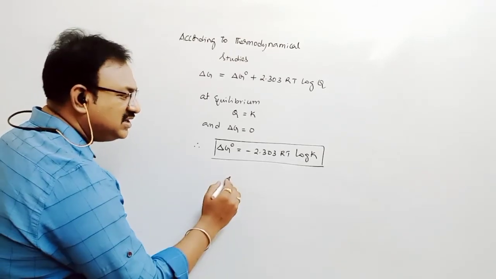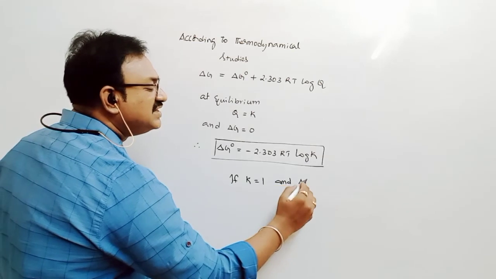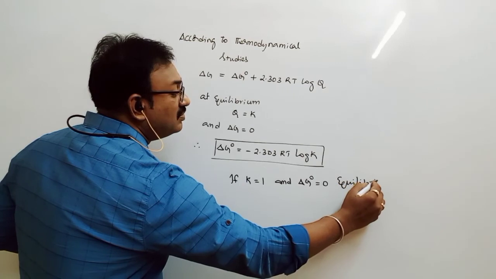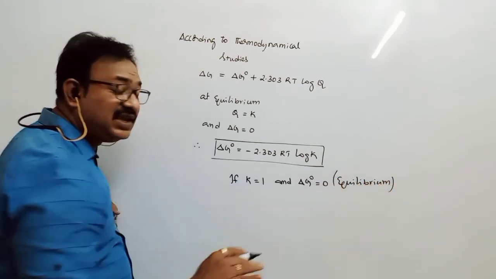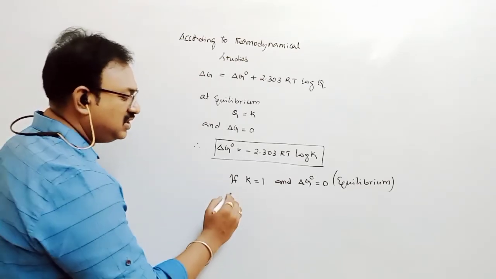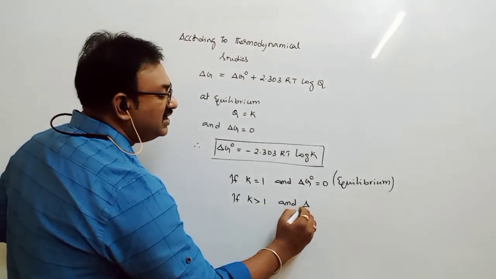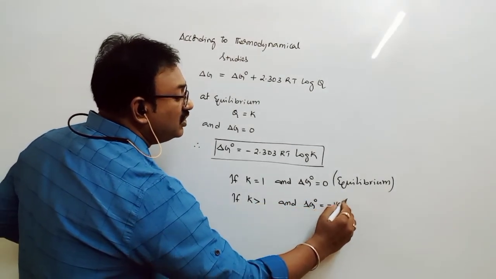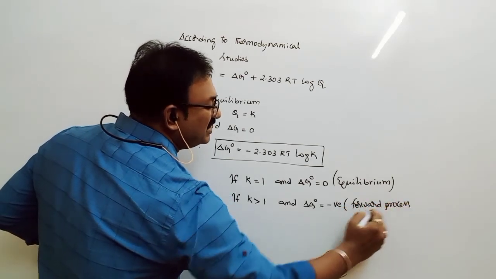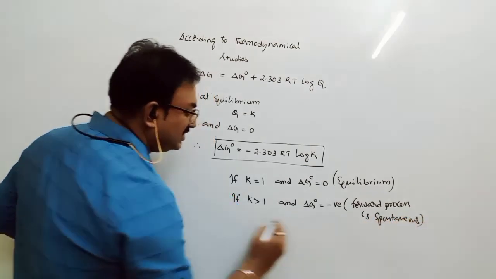Okay. Now listen. If K is equal to 1 and del G naught is 0, that indicates exact equilibrium. It is exactly in equilibrium, meaning forward and backward reactions are to the same extent. If K greater than 1 and del G naught is negative, the forward process is spontaneous.